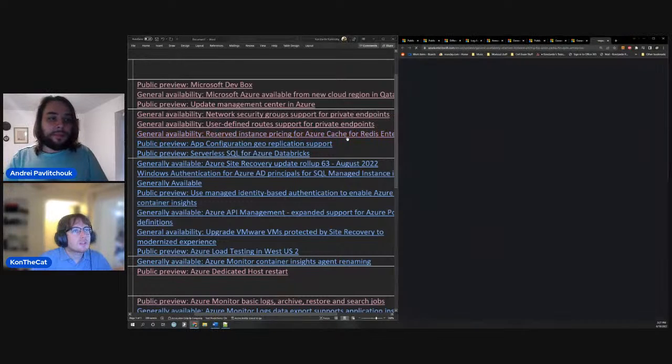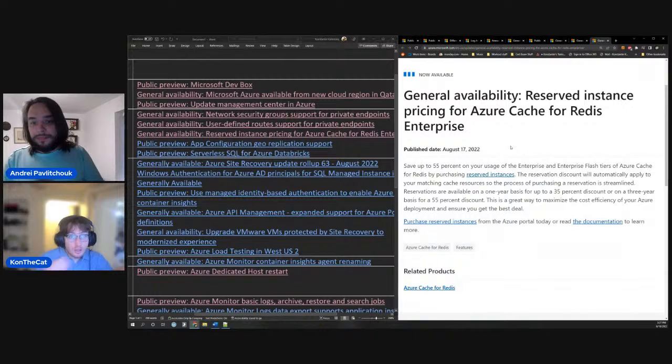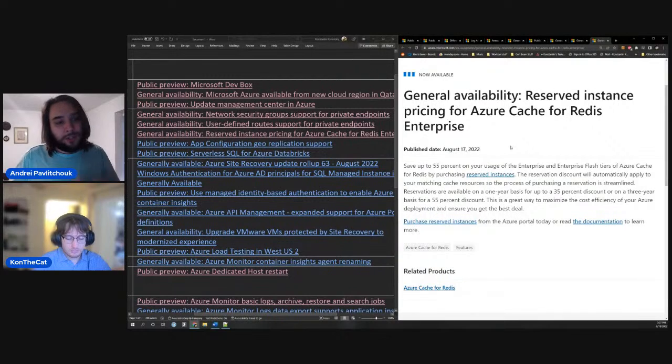Okay. Reserved instance pricing for Azure Cache for Redis Enterprise. I think this is actually a good update. When you use Azure Cache for Redis, most of the time your usage is quite static, and the fact that you can reserve a certain amount once you've calculated it is really a good thing to have.